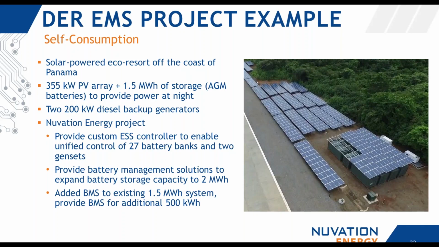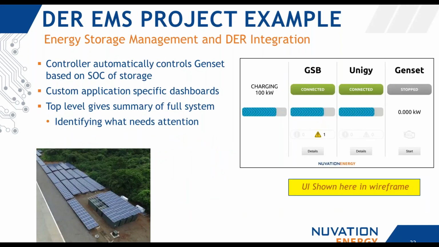This augmentation is typically a very tough problem. But for our control system, we use the same BMS with different configuration to control those two sets of batteries. And then we had a higher level controller that provided some custom dashboards for this application so they can see the information that they want to know.